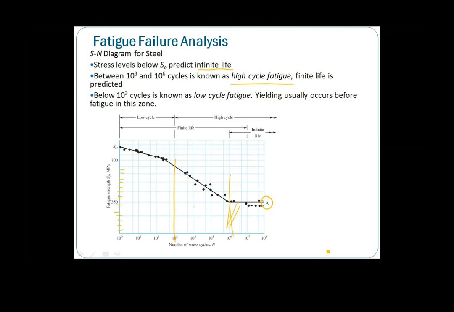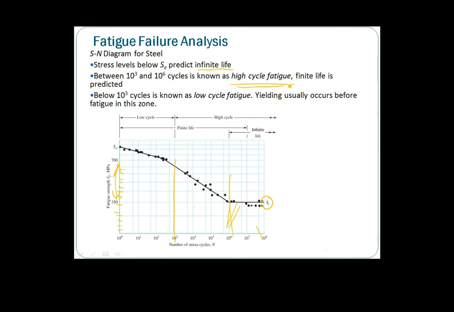In this case, if you have this level of stress in these regions, then fatigue is likely to happen. We categorize it as high cycle fatigue, so we need to predict its life. Here it has a finite life.